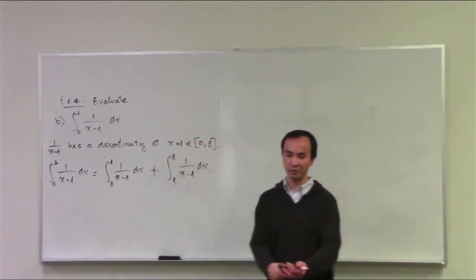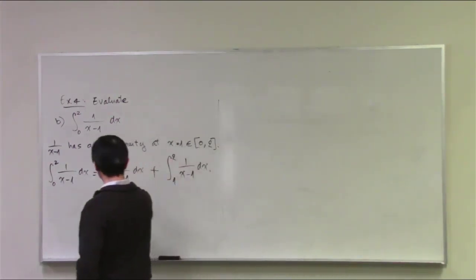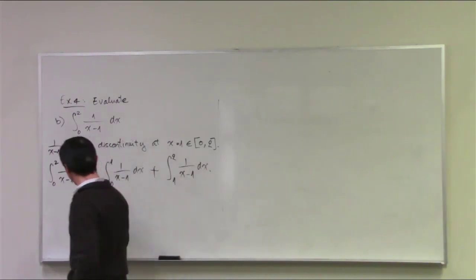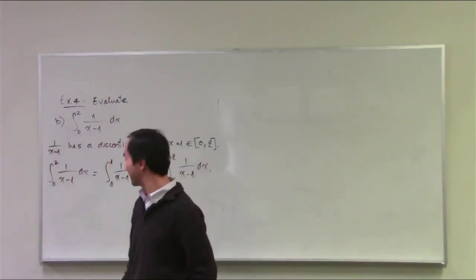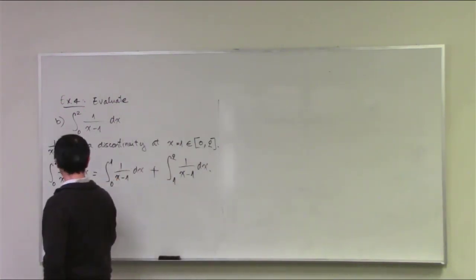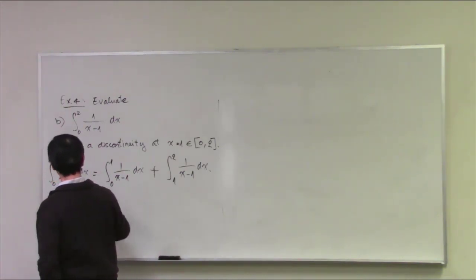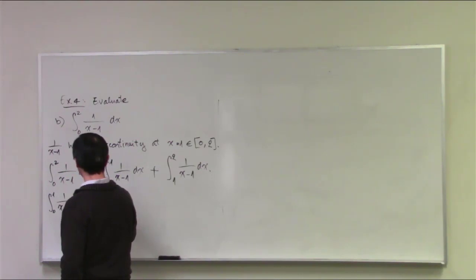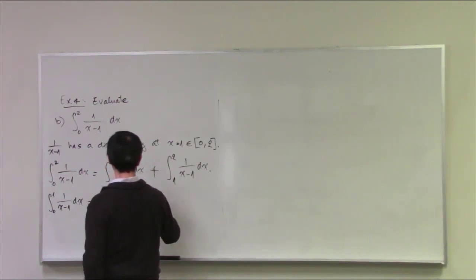Two separate improper integrals where one end of the integration interval is discontinuous. On the first one, from 0 to 1, we can do that as a limit problem, letting t go to 1 from the left-hand side of the integral from 0 to t of 1 over x minus 1 dx.